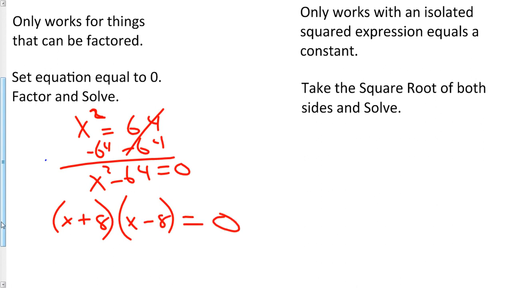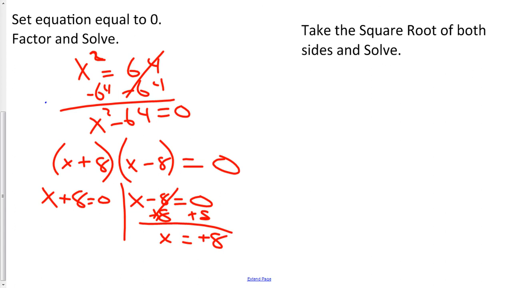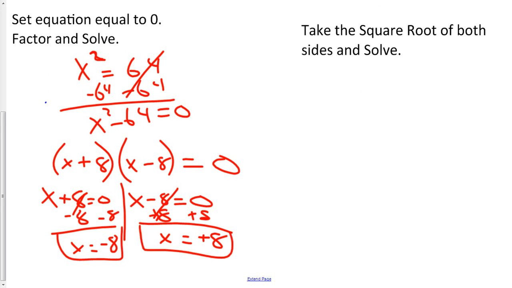Then setting each of my factors equal to 0 using the zero product property, I would solve for the x value, getting x is equal to positive 8 and x is equal to negative 8. So using factoring, I set it equal to 0, I factored, and solved.